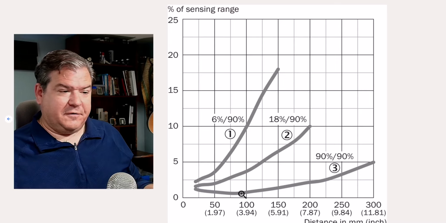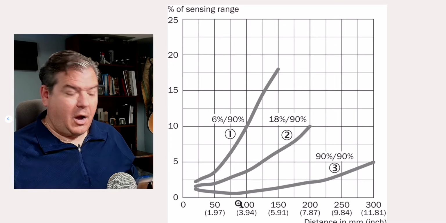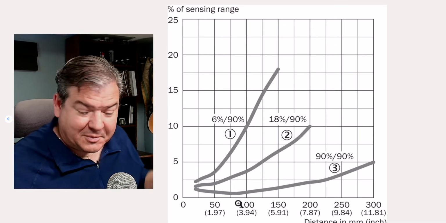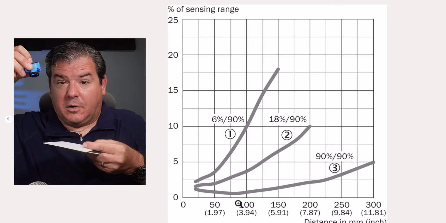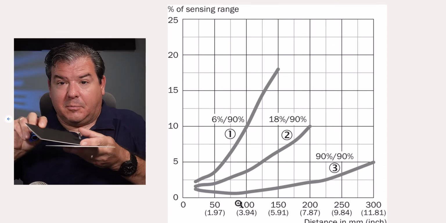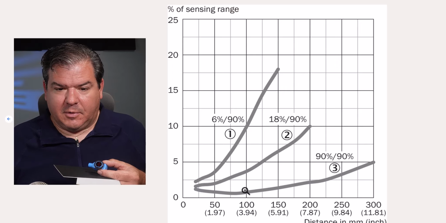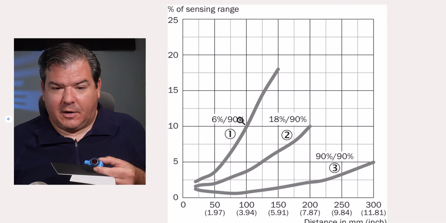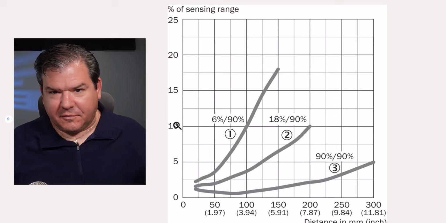Let me give you a couple of different examples. This one here, we'll do the math real nice. We'll go 100 millimeters away; we'll use millimeters because things divide out nicely. So you've got your sensor 100 millimeters away from a white conveyor, and you're looking for a thin black envelope coming by. What that says is at 100 millimeters away, a black target on a white background needs to be 10% of that range, which is 10 millimeters.